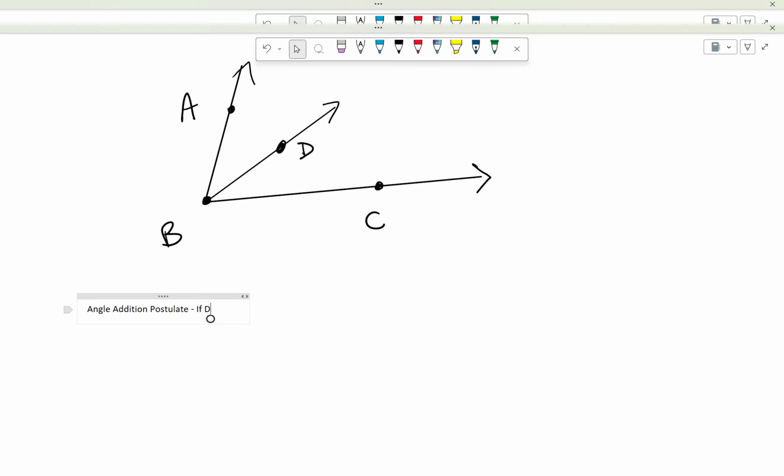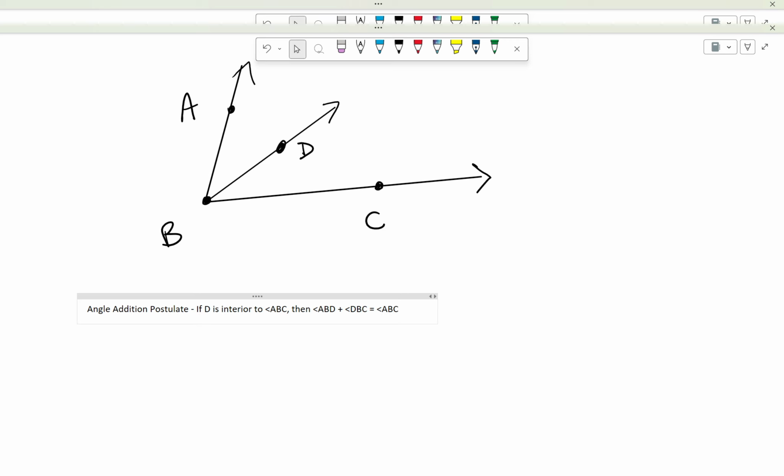So if I have that point D that's been constructed, and D is interior to angle ABC, then the sum of ABD, goodness, I keep misspeaking, ABD plus angle DBC is going to be equal to angle ABC.